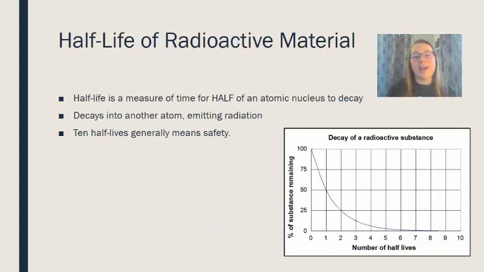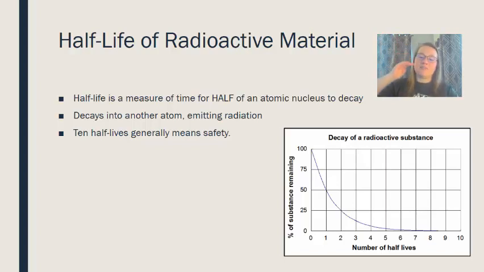Now, if we're looking at the half-life of radioactive material, or the amount of time it takes for half of that radiation to decay away, or half of an atomic nucleus to decay down to its reaction products, we can use this half-life graph. On this graph, we start with 100% of the material, and after one half-life, we're down to 50% of that material.